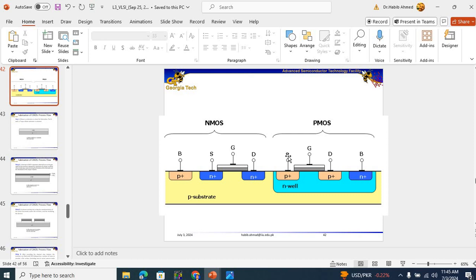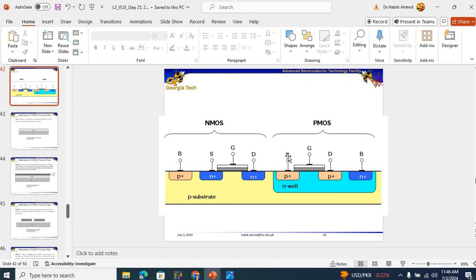The way it works is that the NMOS and PMOS transistors work together in a complementary fashion, where one type is on while the other type is off, reducing power consumption and heat dissipation compared to other transistor technology.